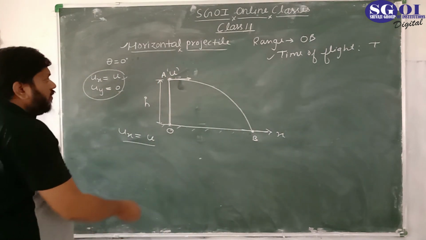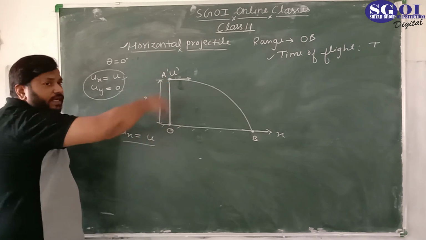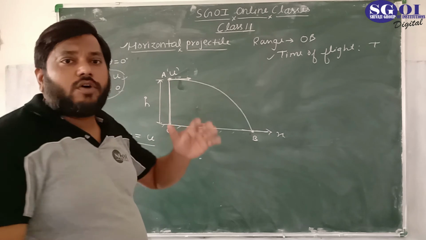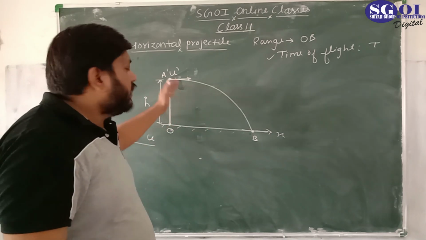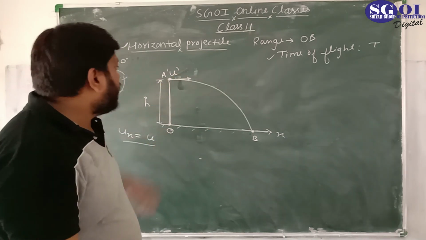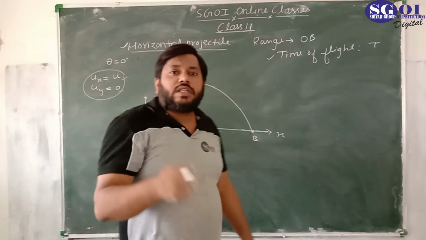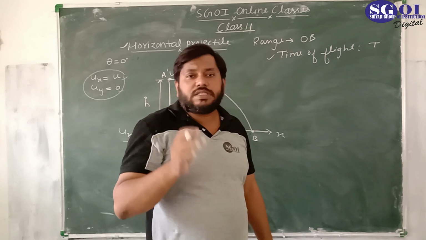Now for the vertical motion we take uniformly accelerated motion. When the object comes down from up to down, there is an increase in velocity, which means acceleration.